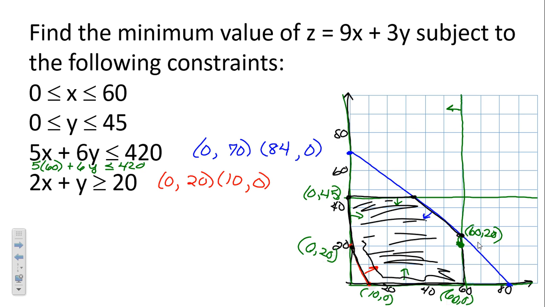We need to find out where the blue line met the y of 45. So 6 times 45, how much? 270.